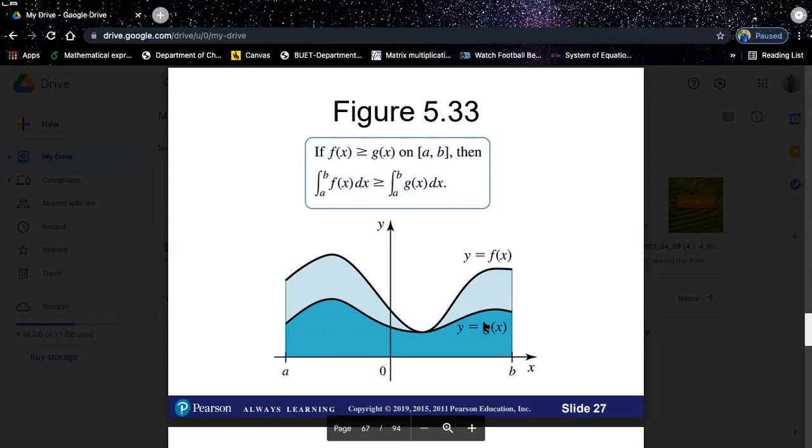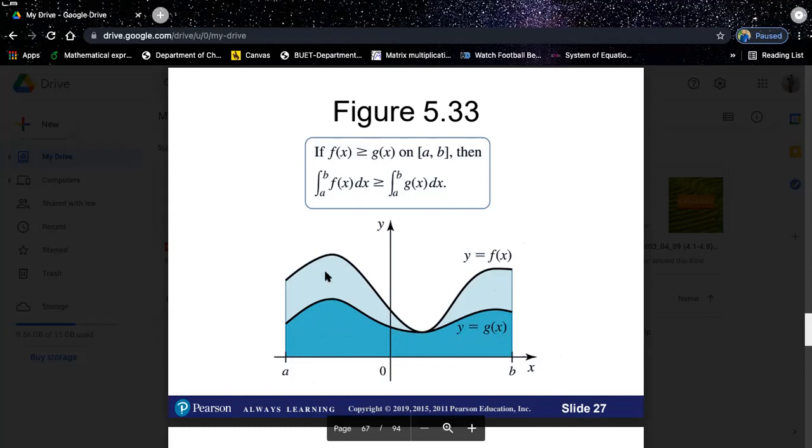You can clearly see this from the graph, in fact. The area under the function f of x would be all of this up to the x-axis, right? But for g, it's the slightly darker version, only this part.